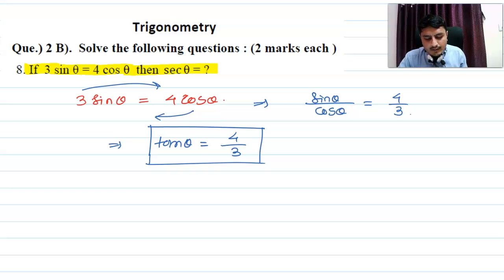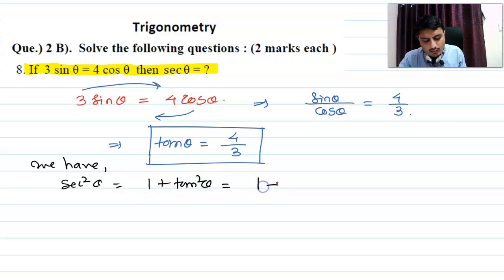Now as per the fundamental identities in trigonometry, we have sec square of theta equals 1 plus tan square of theta. Now the value of tan theta we have 4 by 3. So tan square of theta is 4 by 3, the whole square.